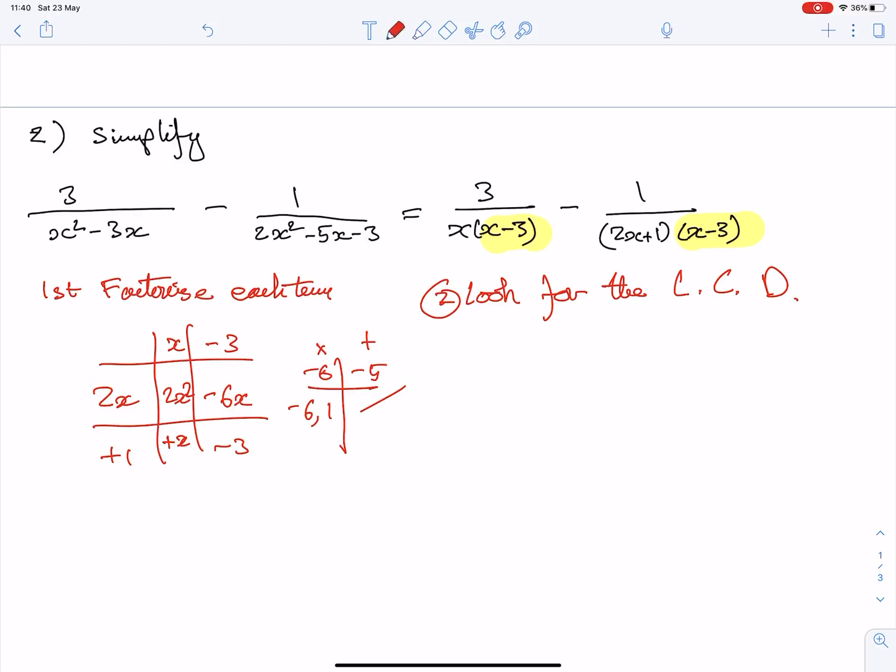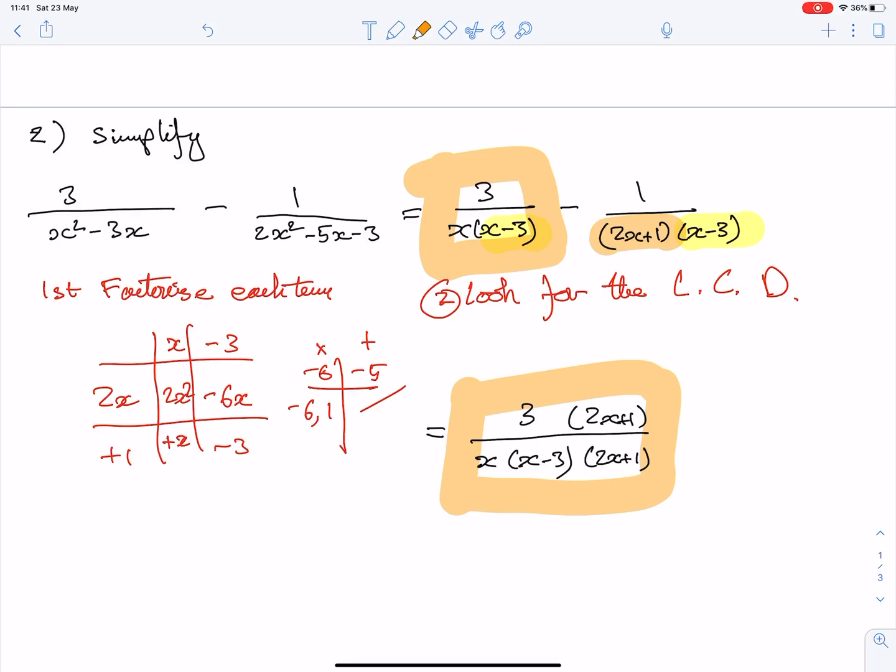So our denominator is going to become x minus 3, and we need to multiply 3 over x minus 3 by 2x plus 1, top and bottom. So we are identifying that and multiplying it by that to give that. And now we're going to do the next bit.